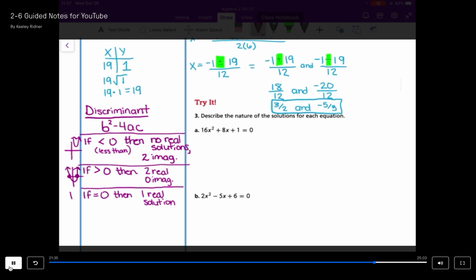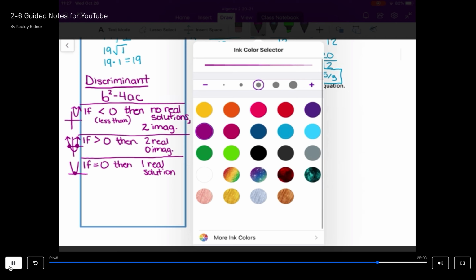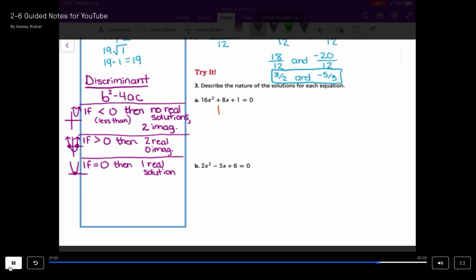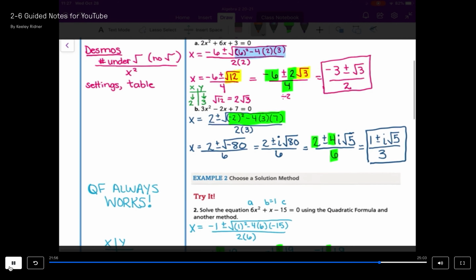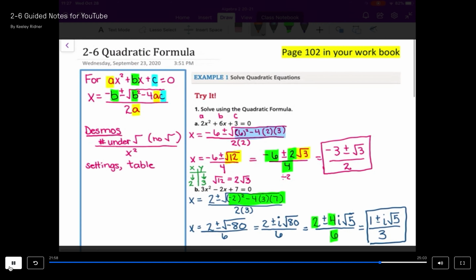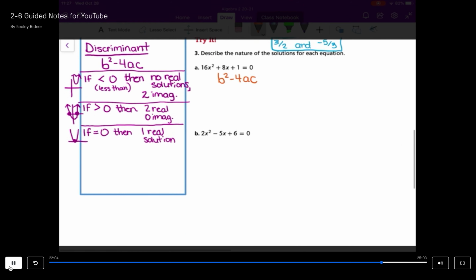If the discriminant is equal to 0, it's going to touch the x-axis and then bounce back up. So if someone asks you to describe the nature of the solutions, all you have to do is b squared minus 4ac. That's much shorter than the quadratic formula, but also remember that it's actually the part under the radical. B squared minus 4ac is under the radical.